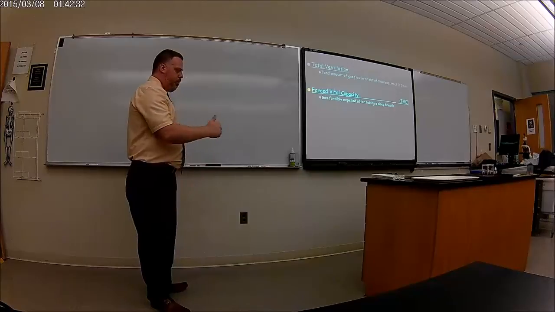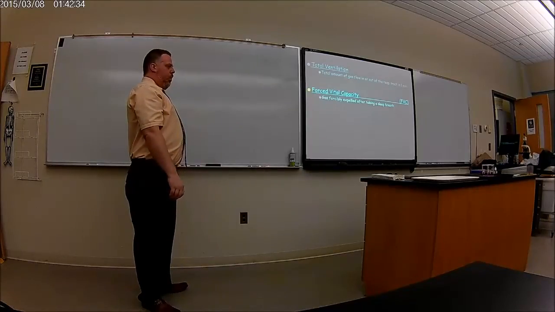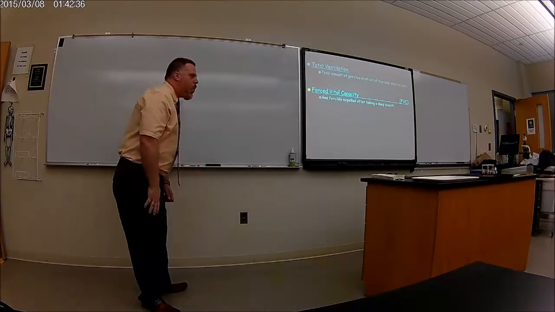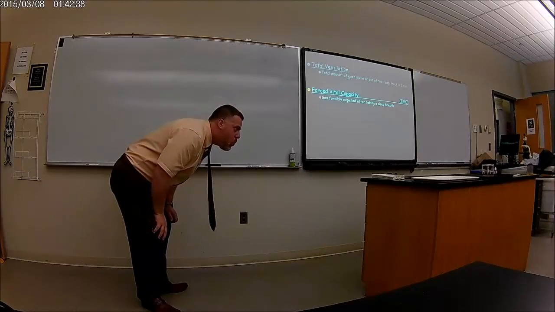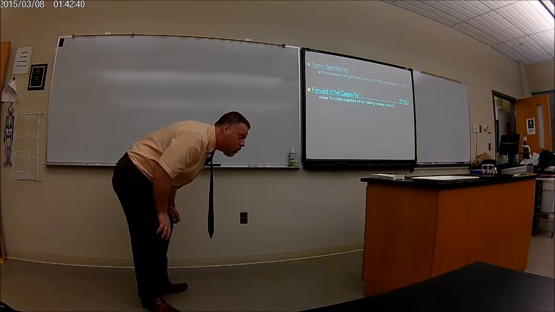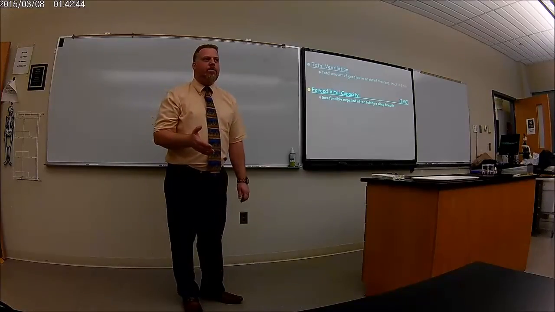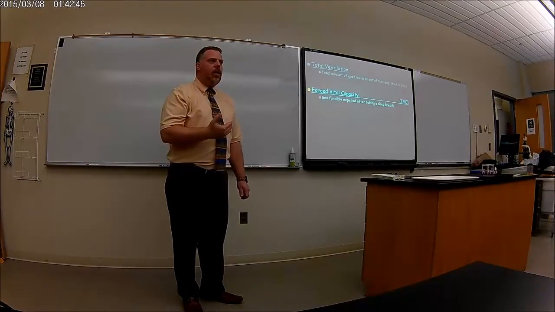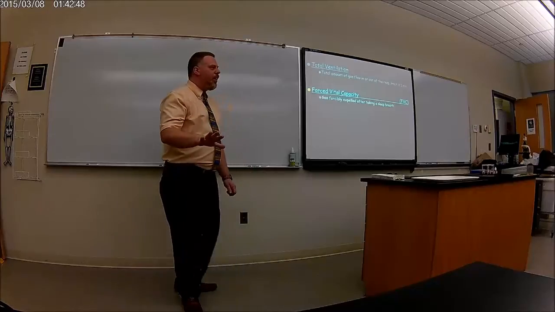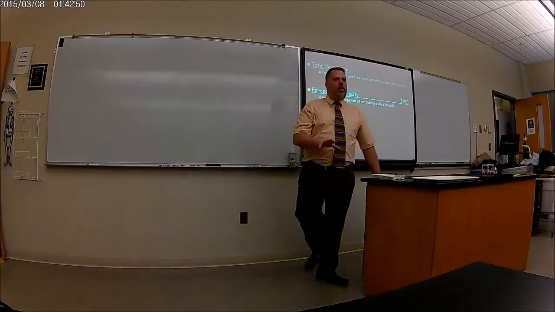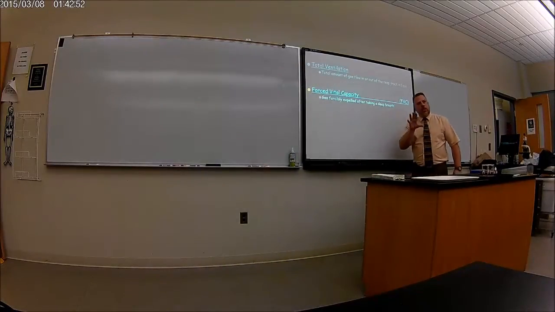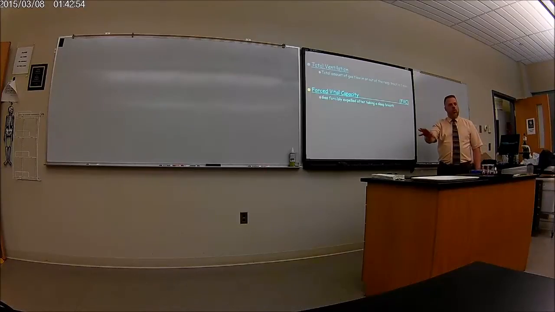So I'm going to take a deep breath, and I'm going to blow. All right, it took about 4 seconds to do that or so, right? All of it out. That's a forced vital capacity. How much of the air came out when your lungs were fully filled, okay?